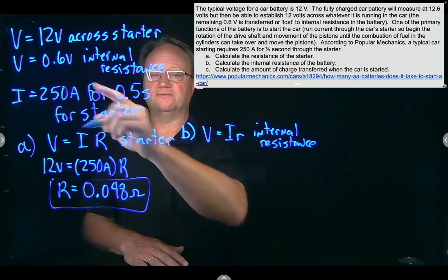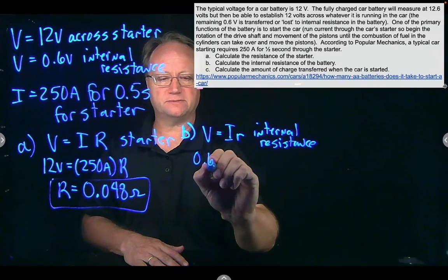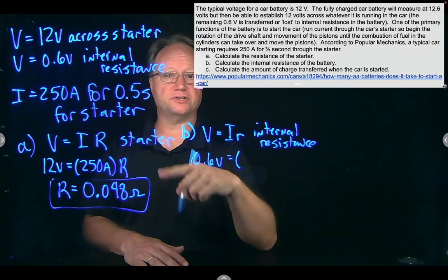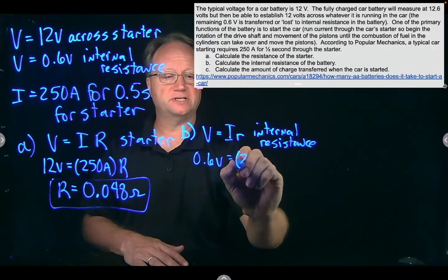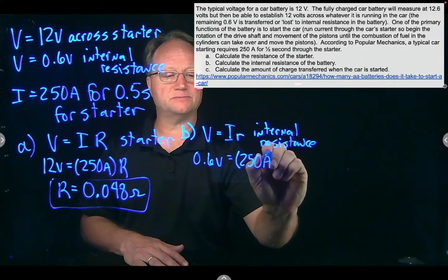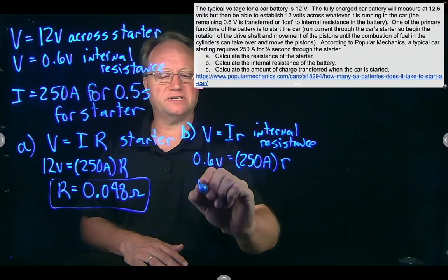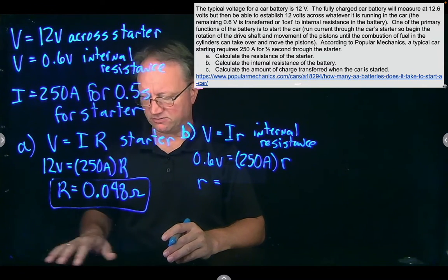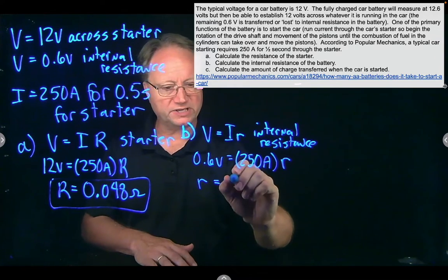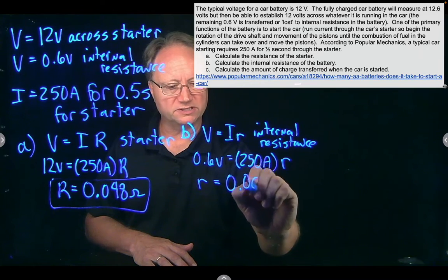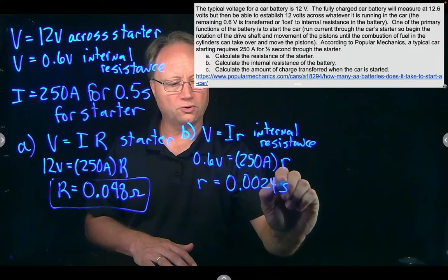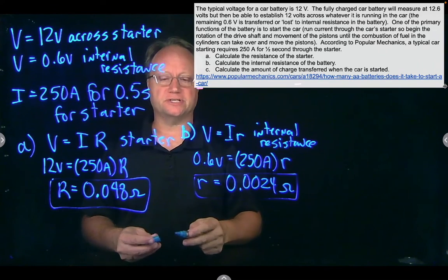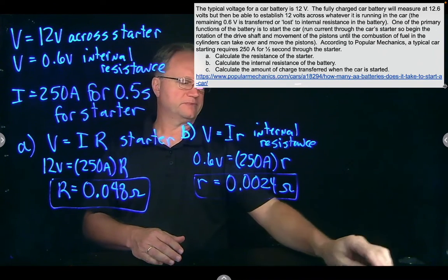So then our voltage is 0.6 volts. I, it's still the same current because the current flows through the whole circuit, 250 amps. And then we're solving for the internal resistance of the battery. So dividing, we get 0.0024 ohms. And that's the internal resistance for that battery.